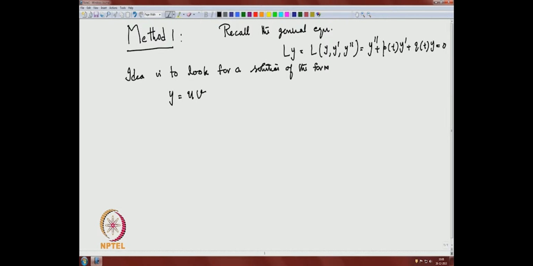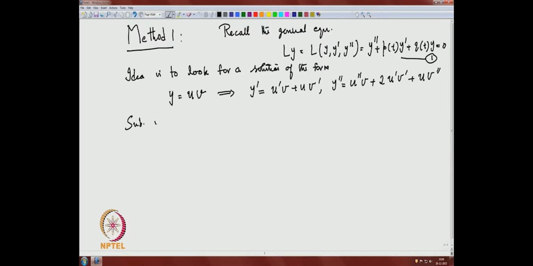So, you can do the computation. I will not do the entire computation, but y prime equals u prime v plus u v prime, and then you can compute y double prime. When you compute y double prime, you get u double prime v, then u prime v prime 2 times will come, 2 u prime v prime, plus u v double prime. Let me call this equation 1.